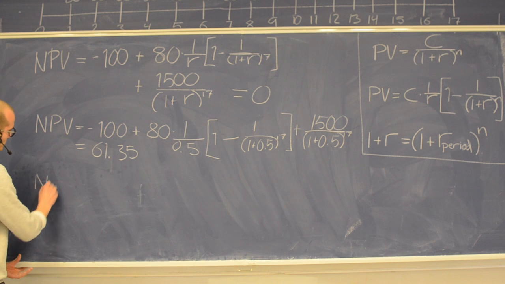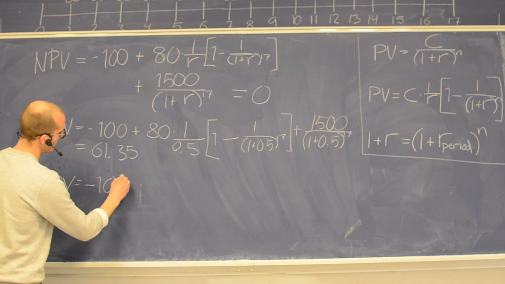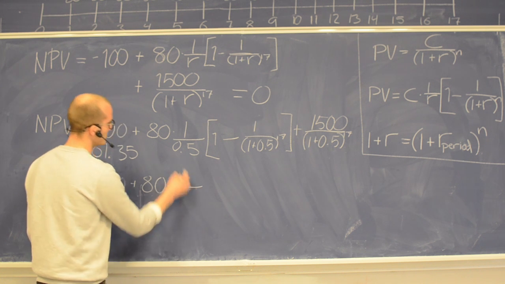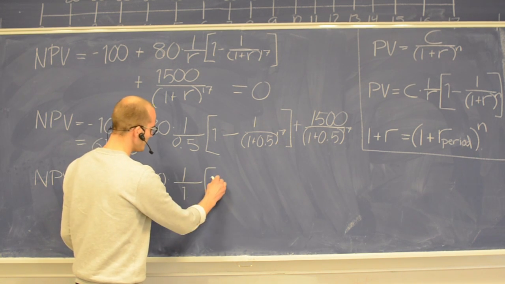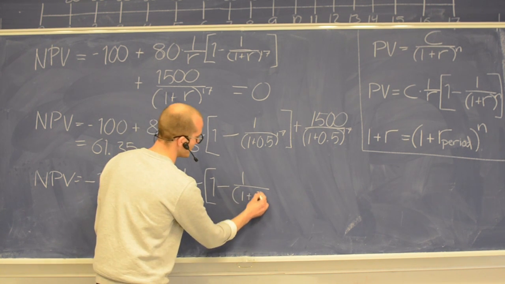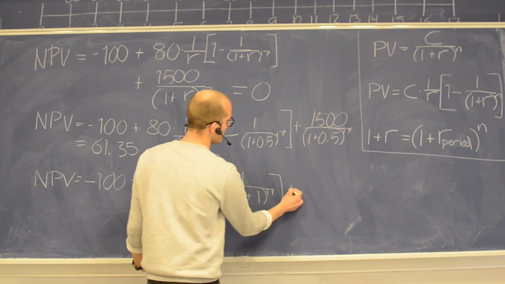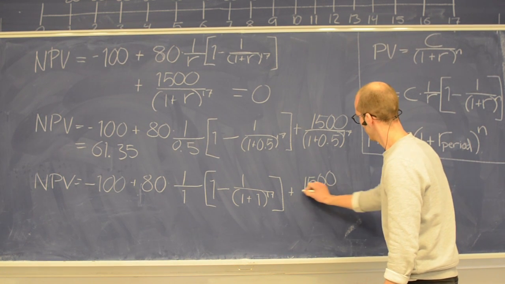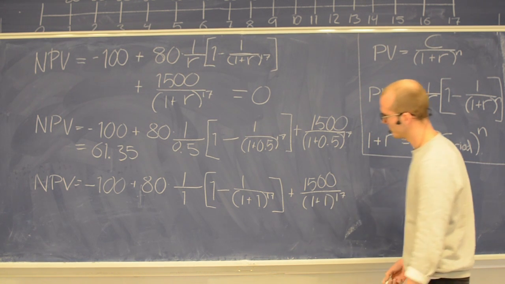If we use a 100% interest rate, we get minus 100 plus 80 times 1 divided by 1, because it's 100%, times 1 minus 1 divided by 1 plus the interest rate, 100%, which is 1, raised to 17, plus 1,500 divided by 1 plus 1 raised to 17.